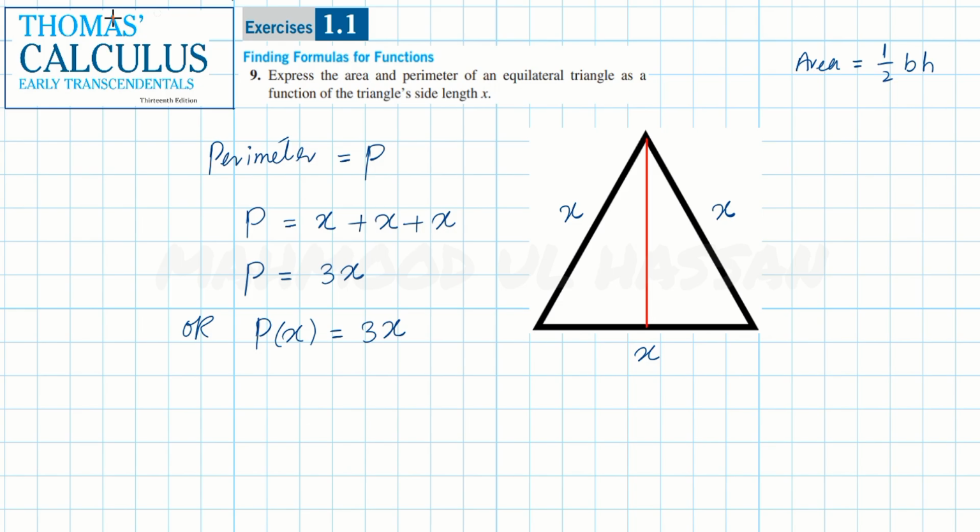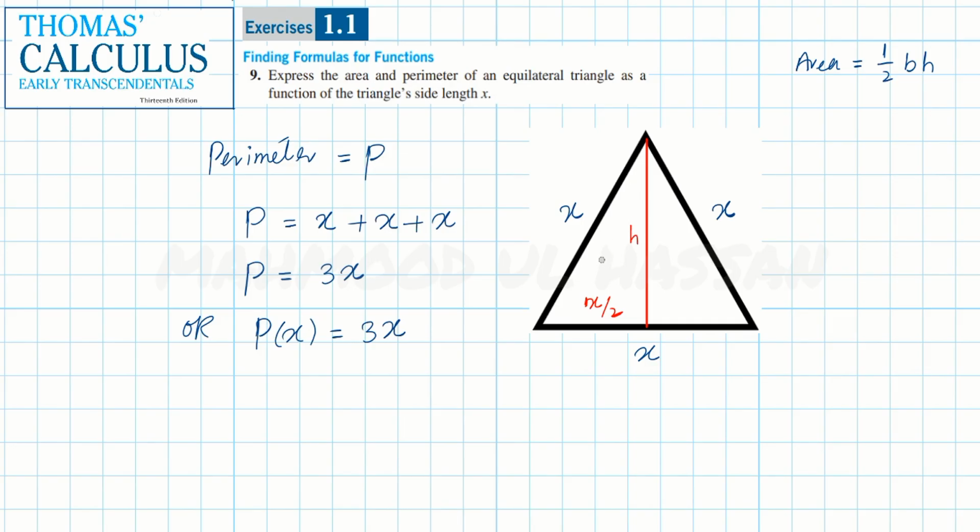You can see that this altitude divides the base into two equal parts. So clearly this length is going to be x divided by 2. We have to use the Pythagorean theorem here, and the length of the altitude is h, that is the height of this triangle.